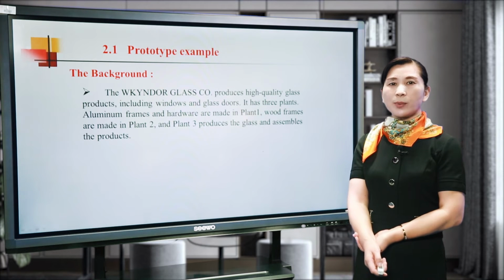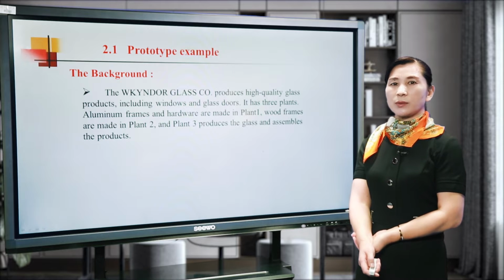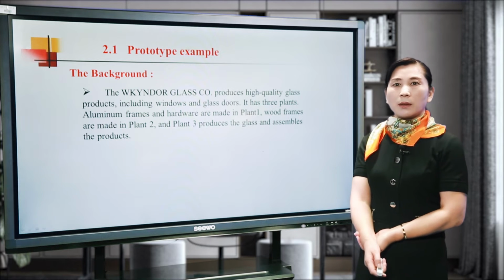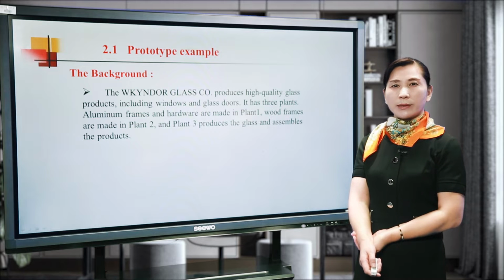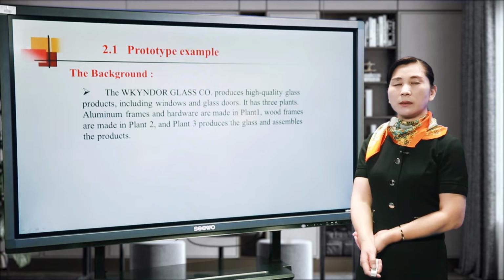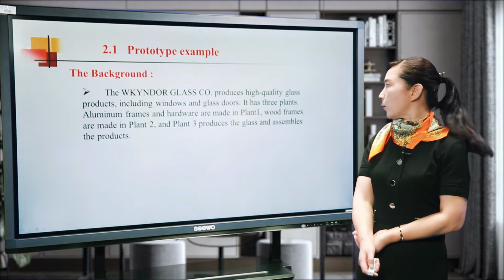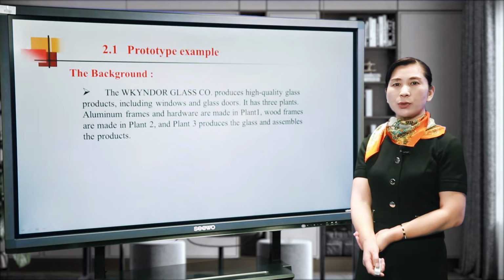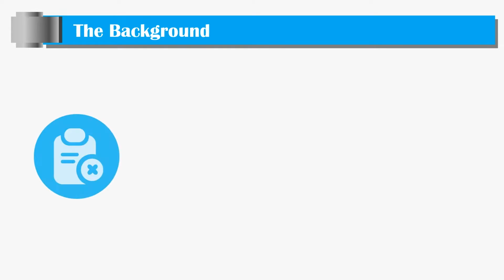The Wonder Glass Corporation produces high-quality glass products, including windows and glass doors. It has 3 plants. Aluminum frames and hardware are made in plant 1. Wood frames are made in plant 2, and plant 3 produces the glass and assembles products.